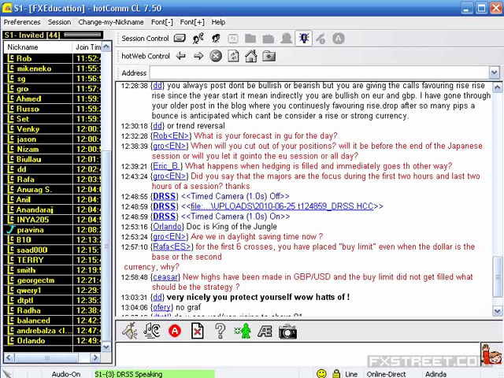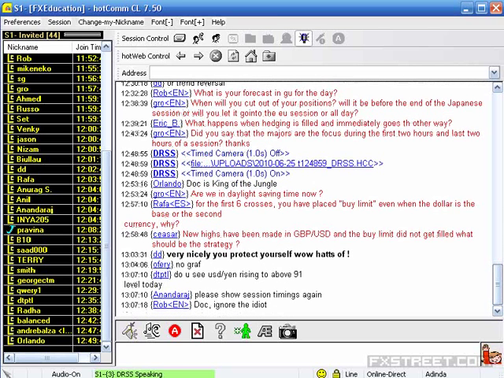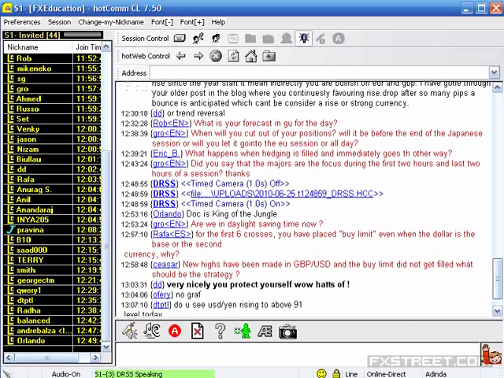Then refer to the first six crosses you have placed, whether the dollar is in the base or the second currency. As far as the majors and the crosses, you should be able to differentiate them. Wherever the currency is traded against the dollar, they are the major currencies, especially Euro, GBP, Yen and CHF.